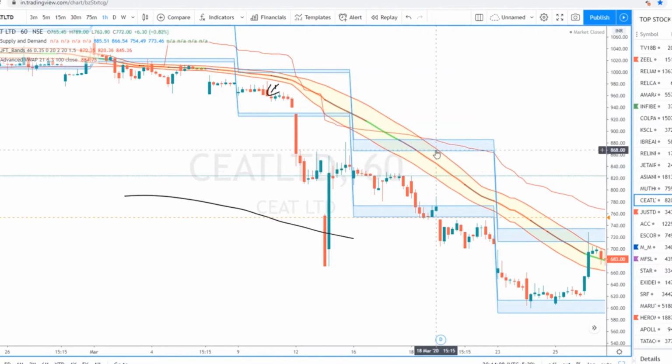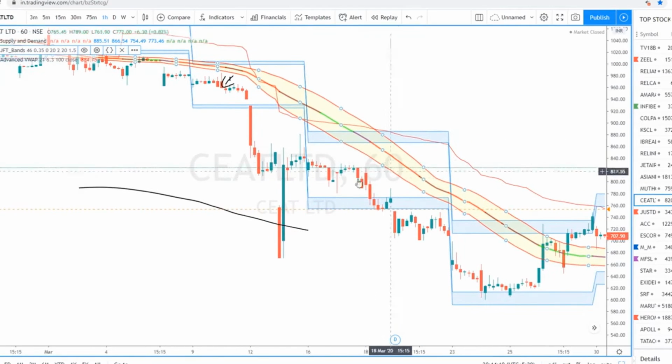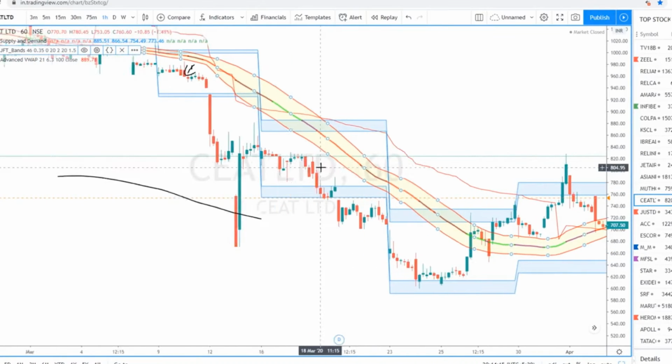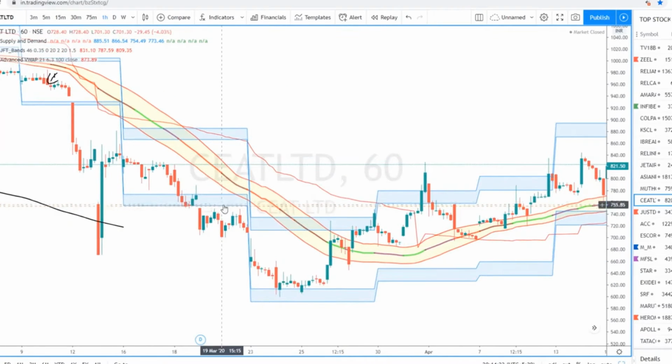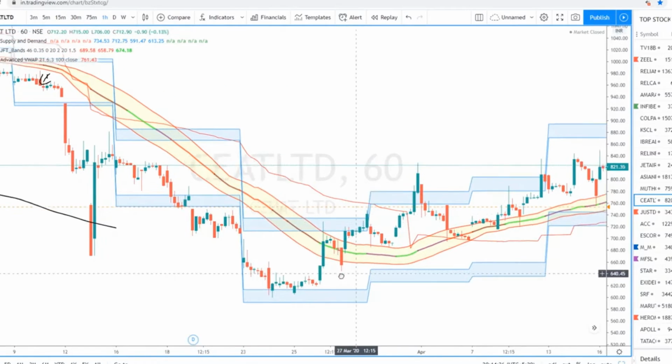The next time when it comes near the zone, I will try to short it. You can try to short it as long as it is not hitting your stop loss. When it hits your stop loss, exit out of that trade, which means that the trend has changed.